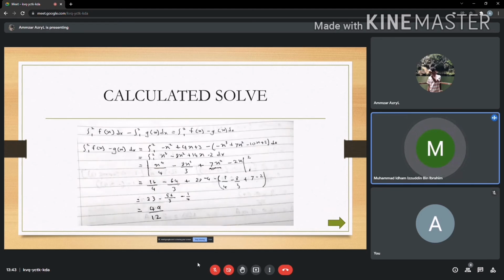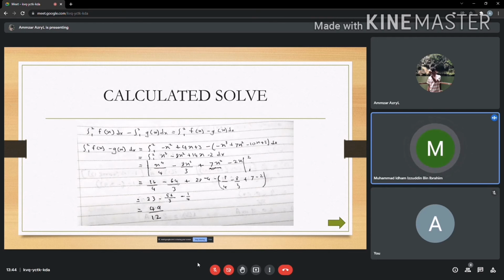Okay, to find the area, we need to subtract the function g from the function f. After we subtract, we have to integrate, and then we will get the modulus of x to the power of 4 over 4 minus 8x to the power of 3 over 3 plus 7x to the power of 2 minus 2x.